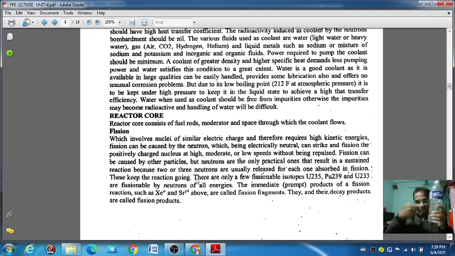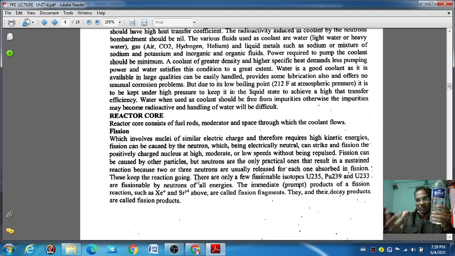Moderators means that inside the reactor there are some connecting rods. I just told you about that connecting rod. The purpose of the connecting rod is to establish, or we can say to manufacture, in that reactor.